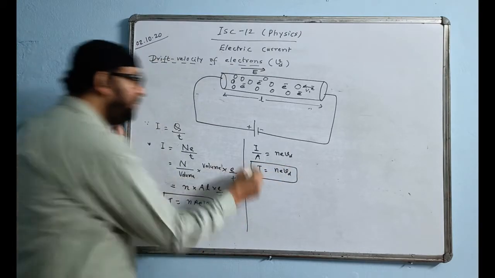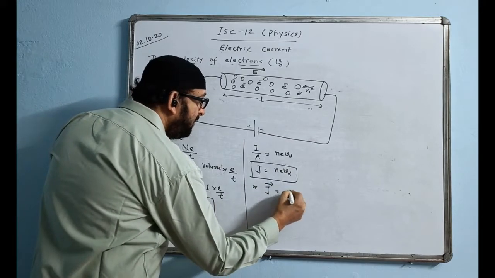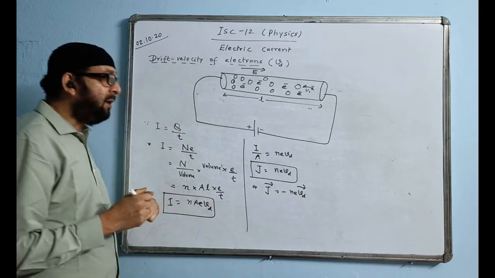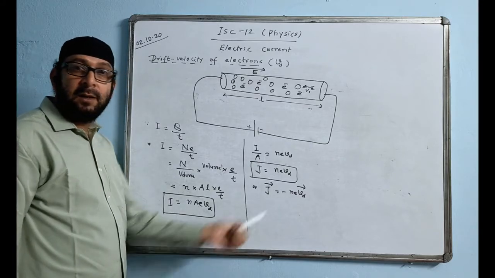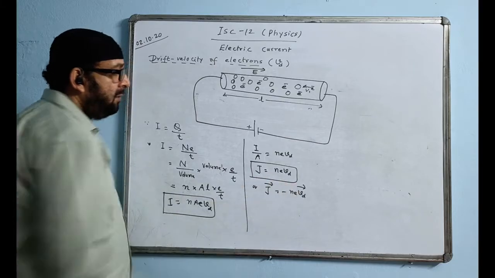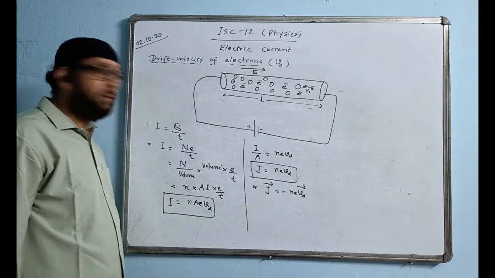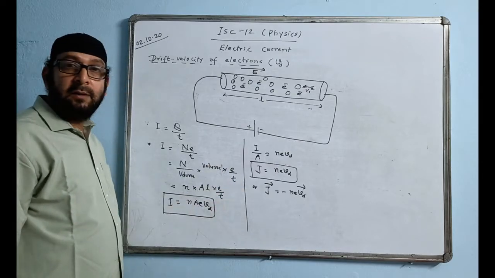In vector form, we can write J as a vector, and nE Vd can be written like this, with a minus sign, because J is current upon area and current flows in the direction opposite to the direction of velocity. That's why a minus sign is given here. So the minus sign indicates the opposite direction: current density and Vd will be in opposite directions. So a little further continuation of this we have done here.